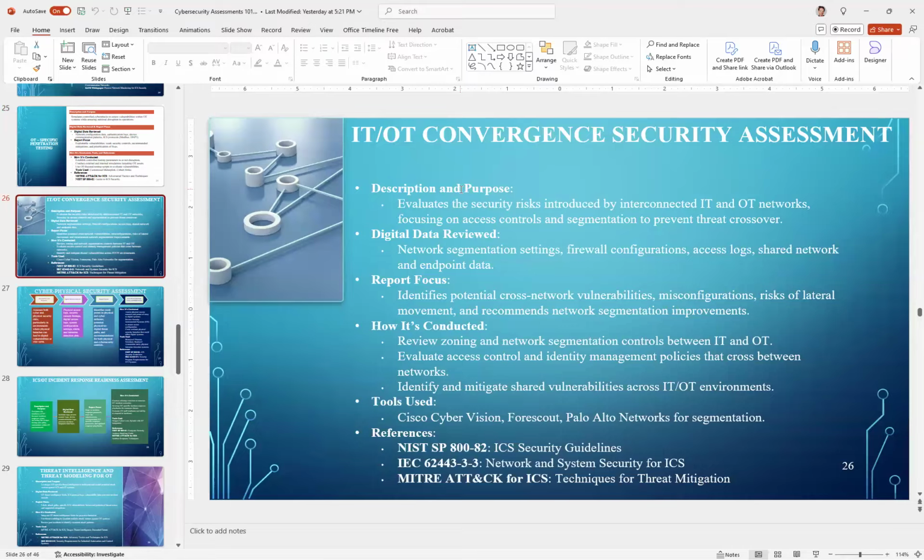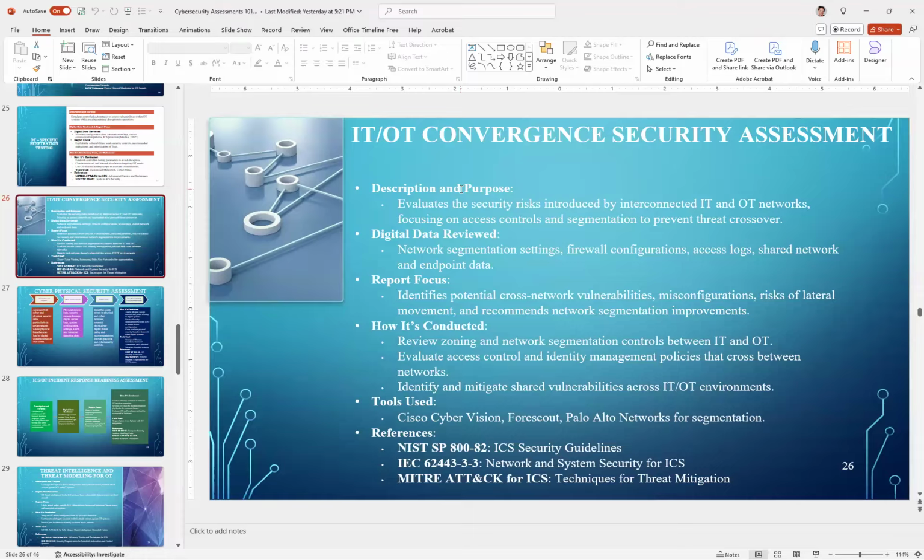Your IT to OT convergence security assessments evaluate the security risks introduced between all interconnected IT networks and OT networks, focusing on any access controls between the two and any segmentation that's been implemented to prevent any kind of crossover from the IT environment to the OT environment.